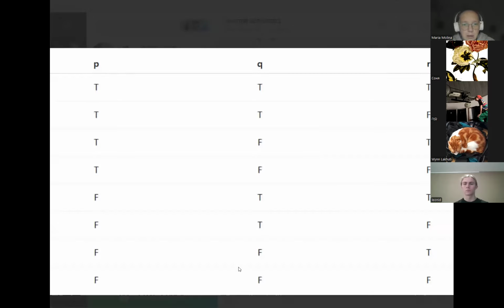One moment. The truth table for P, Q, and R, in fact, looks like this. One moment, I'll share it with Zoom. Yeah, this way, right?